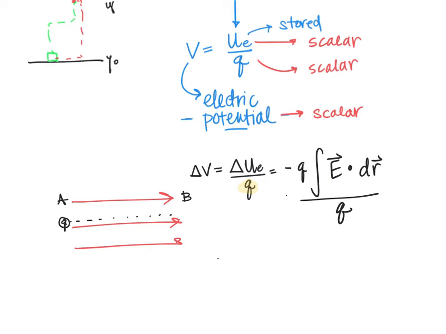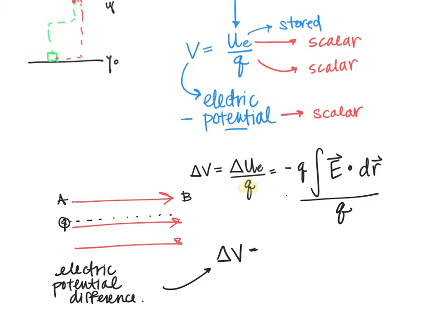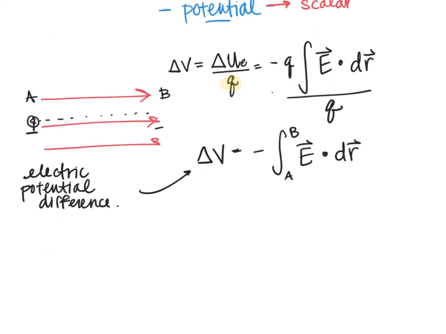That means my electric potential difference, which is what I have here because of the delta, would be equal to the negative integral from point A to point B, as this charge moves from one place to the other, of the electric field vector dotted with the change in position vector. And that's our electric potential difference.